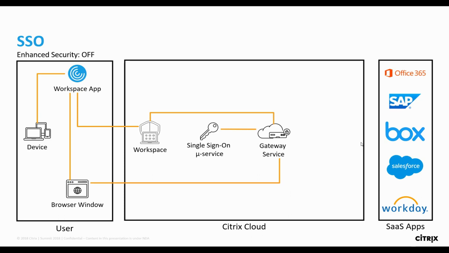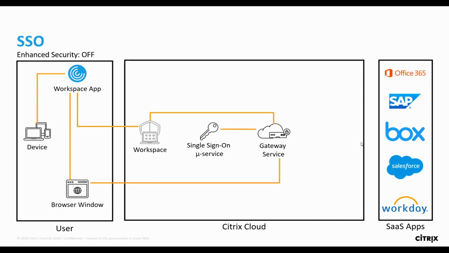It goes back to the gateway service, and the gateway service uses the single sign-on microservice to get an assertion for this user. So we're doing SAML authentication here, and the assertion is saying that this user with this attribute, which is email address, is allowed access to this application. So it gives you this token, this assertion that gets sent back to our local browser.